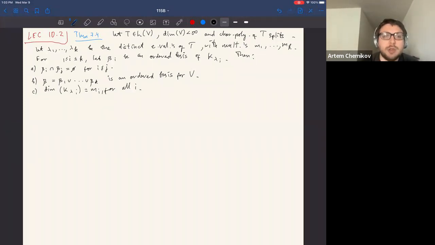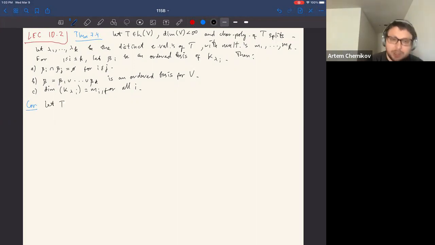Let me first of all record a corollary of this theorem, which makes it very explicit how this is connected to diagonalizability. So what happens in the special case when our operator is diagonalizable? This corollary tells us that nothing new happens.